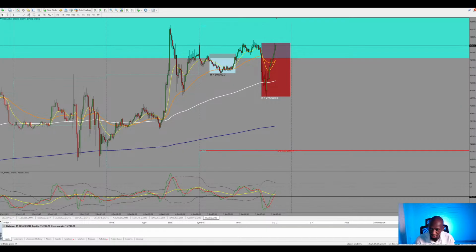Trend bias: USD JPY, we want to say that our bias is towards a buy, and then US 30, our bias will be towards a sell.